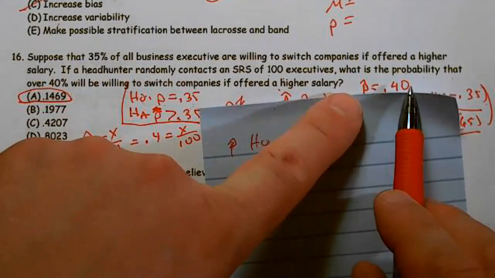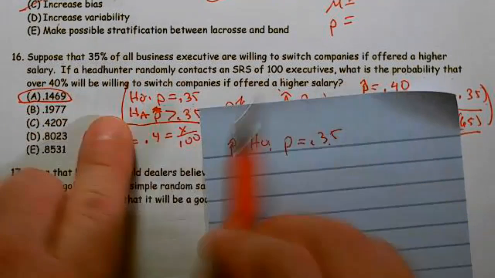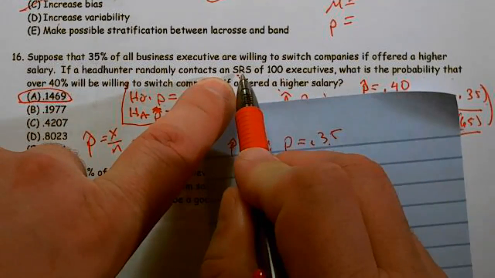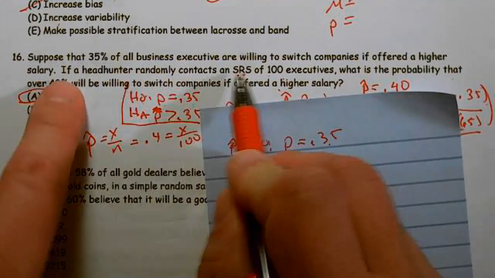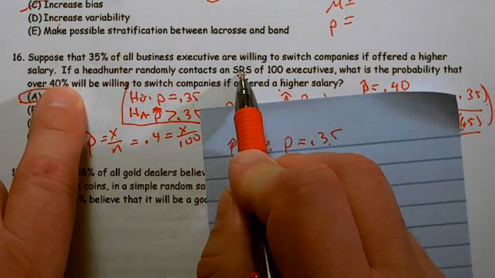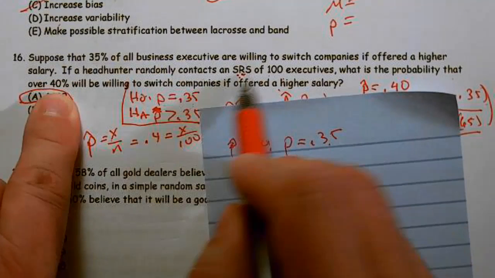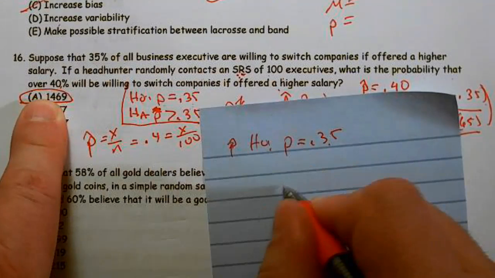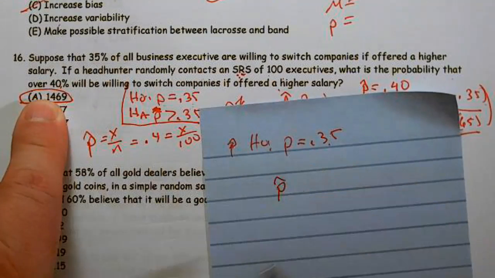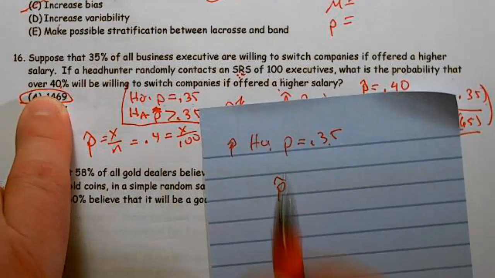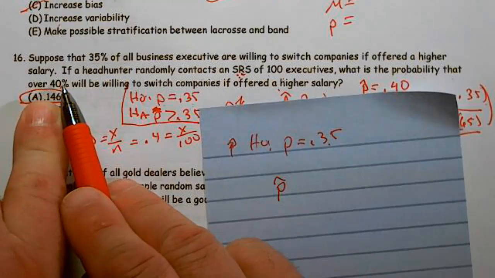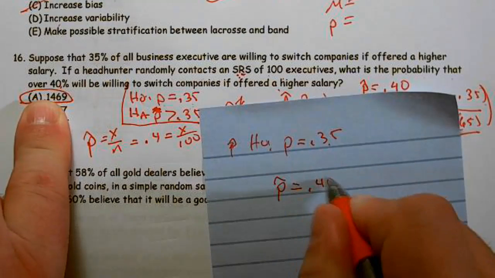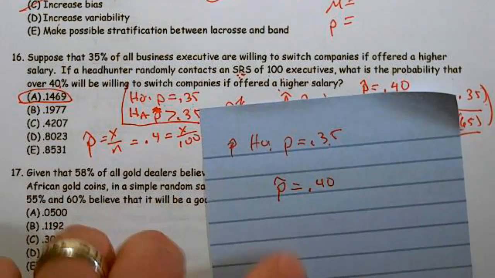What's the probability that in a simple random sample I get a sample value of 40%? P hat means a sample proportion. So what's the probability I get a sample proportion of 40%? Because this is a sample proportion, that is my P hat.